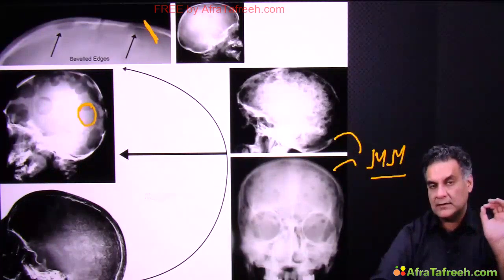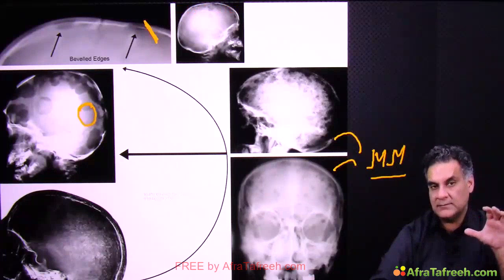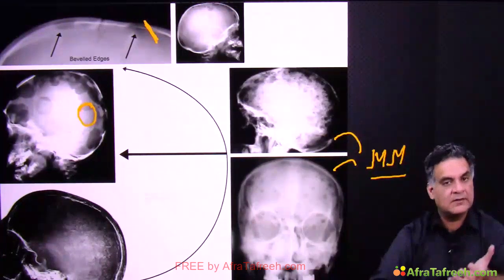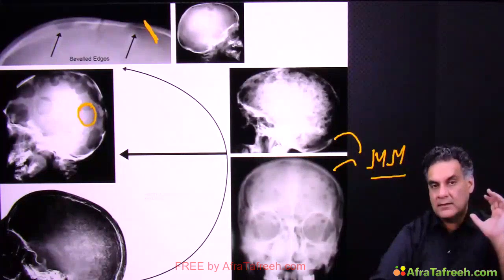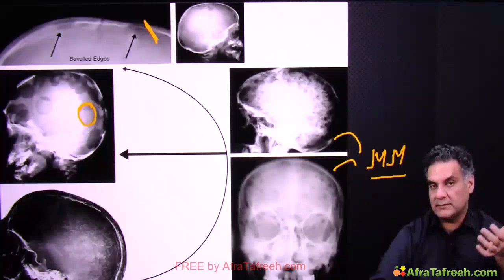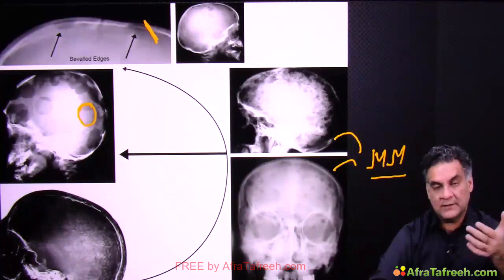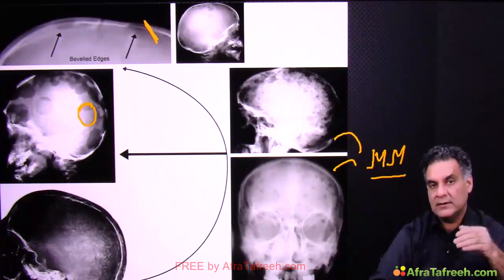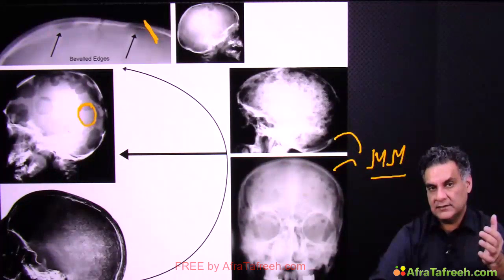When we look at the margins, I just spoke about permeative margins here. Well, you have a well-defined lesion with sclerotic margins, like a simple bone cyst. Well-defined lesion without sclerotic margins, like aneurysmal bone cyst or giant cell tumor. Or you have the ill-defined lesions, like chondrosarcoma. These are geographical lesions.